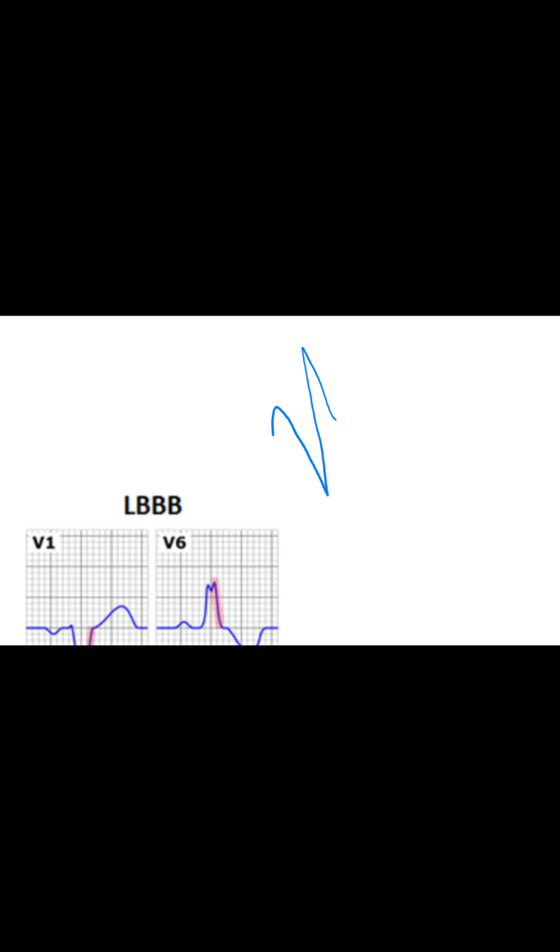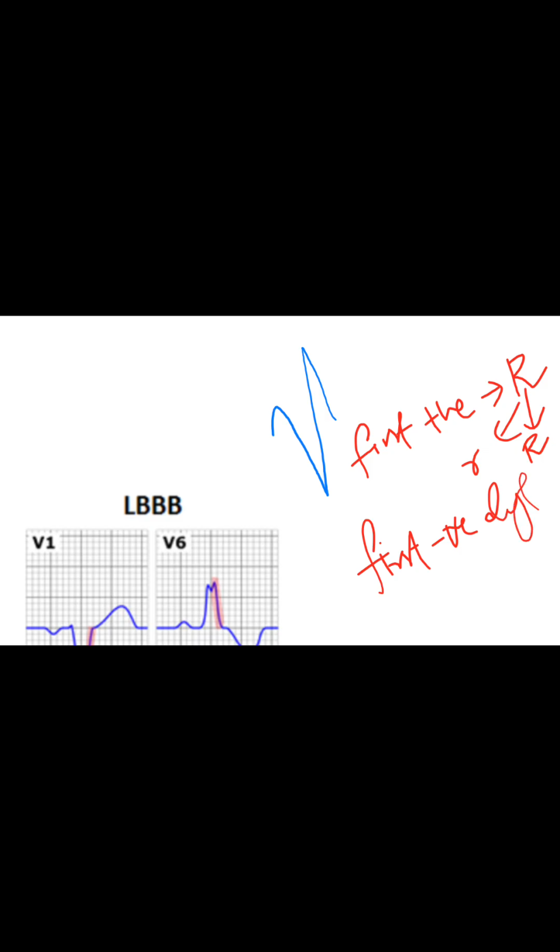The rule is, in the QRS complex, the first positive deflection is named the R wave. If it's smaller in amplitude, it's called a small letter r, and if it's bigger in amplitude, it's called a capital letter R. The first negative deflection is called a Q wave.